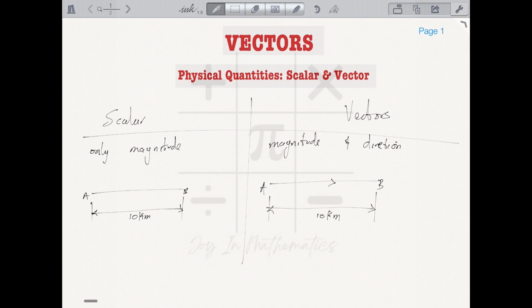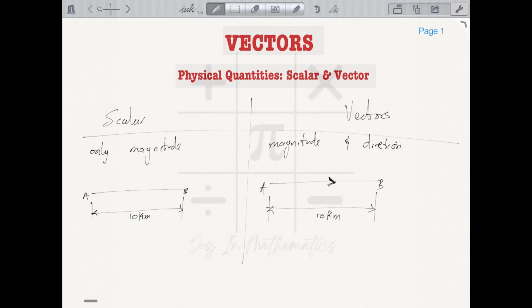Now, what distinguishes a scalar from a vector is the direction. So physical quantities which have only magnitude are called scalars, and physical quantities that have both magnitude and directions are called vectors.